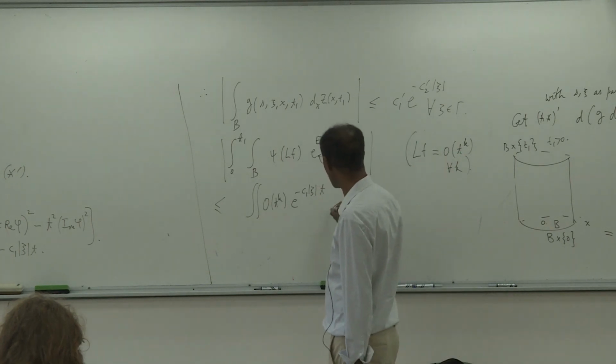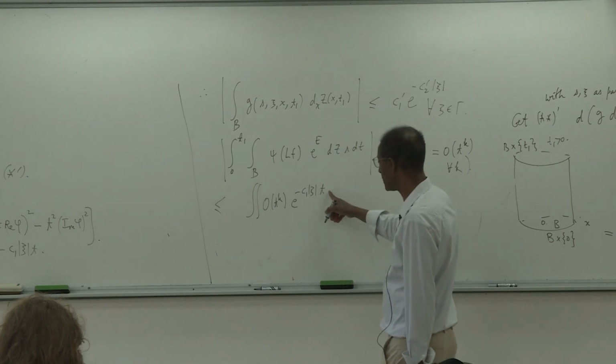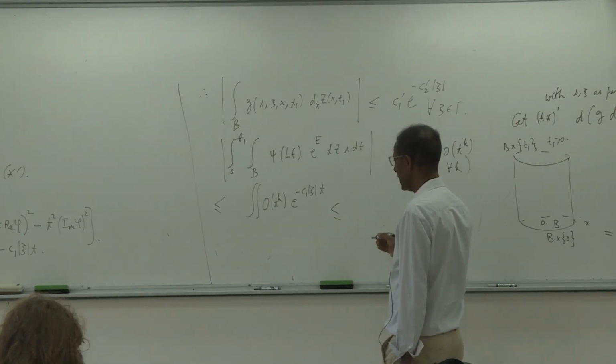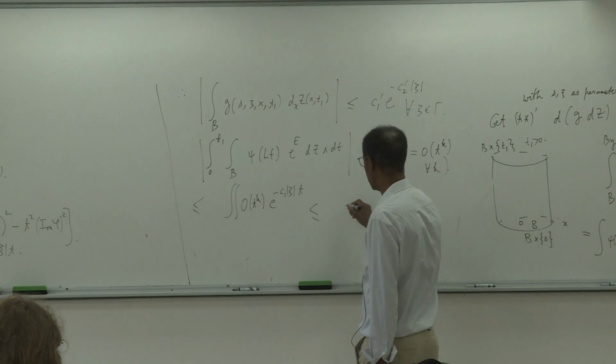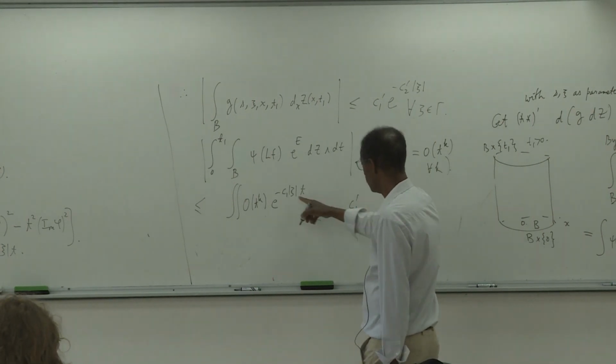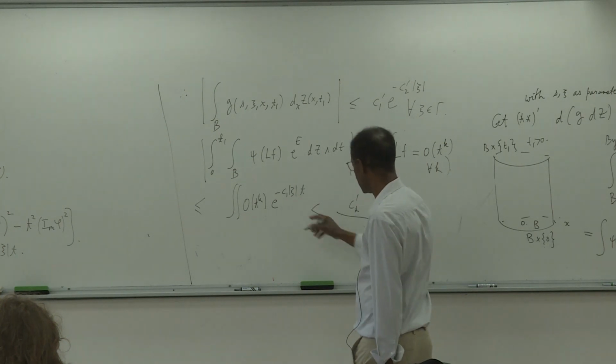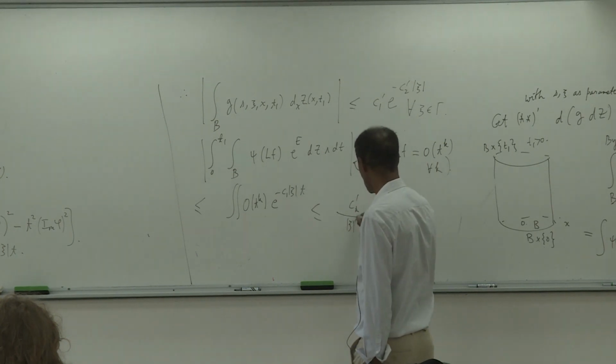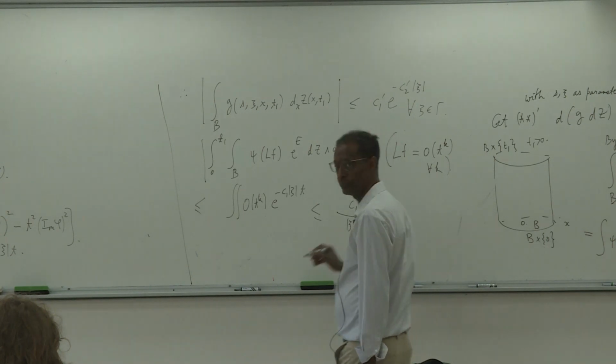e to the power of a negative thing is always, for any k, less than or equal to something like this, c to the k, t to the k. So you see what I mean?